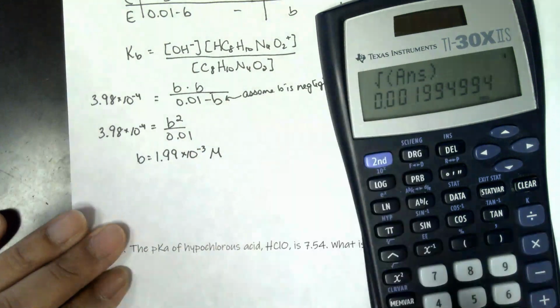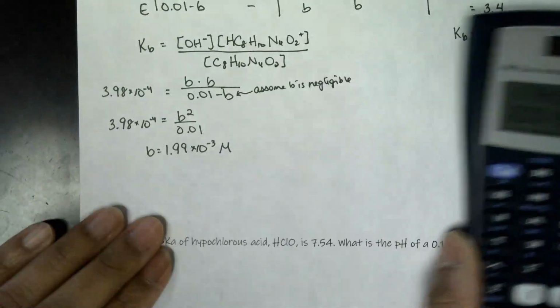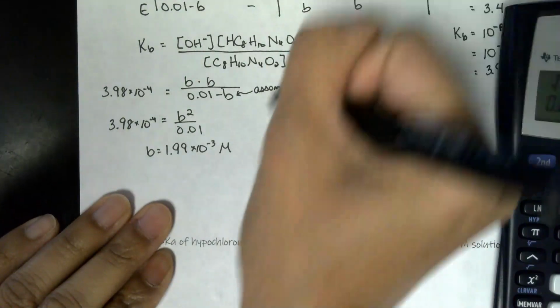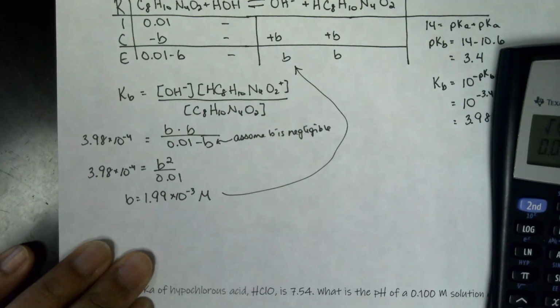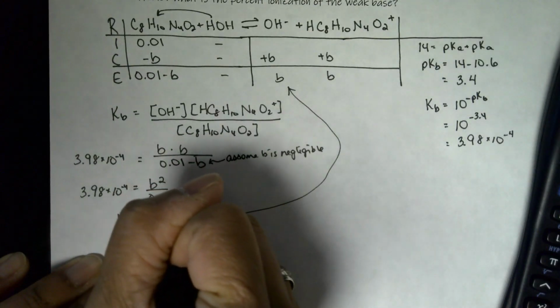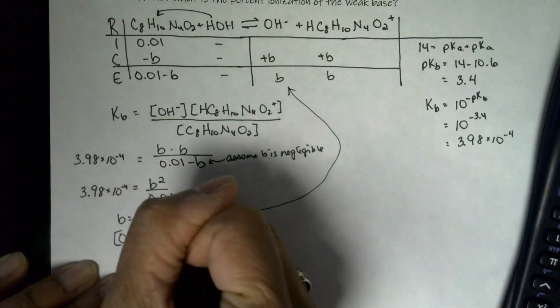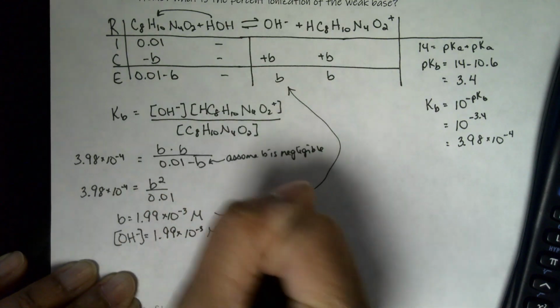And that's in concentration, or molarity. So the concentration of OH minus is equal to 1.99 times 10 to the negative 3 molar.